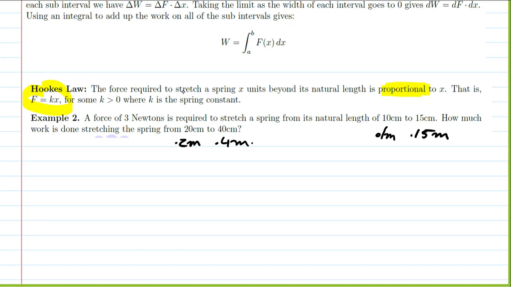So now that we have that out of the way, we need to figure out how far our spring was stretched so we can calculate our proportionality constant that we have up here. It says a force of 3 newtons is required to stretch a spring from its natural length of 10 centimeters to 15 centimeters. If you think about a spring, it's never 0 centimeters long, right?